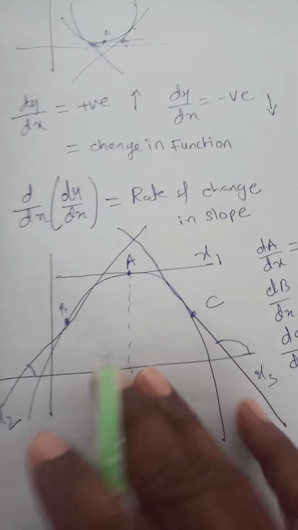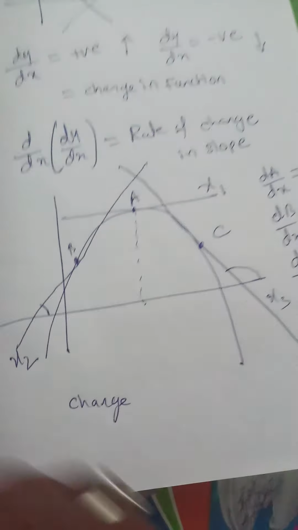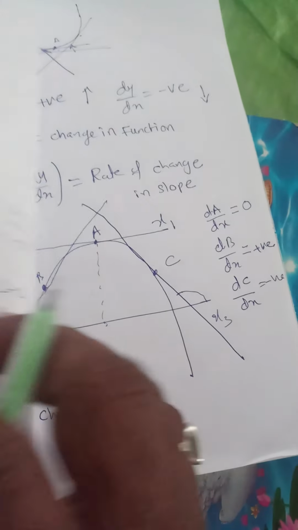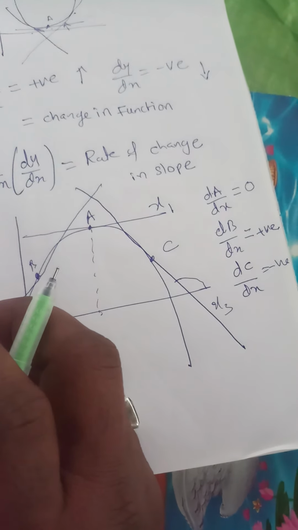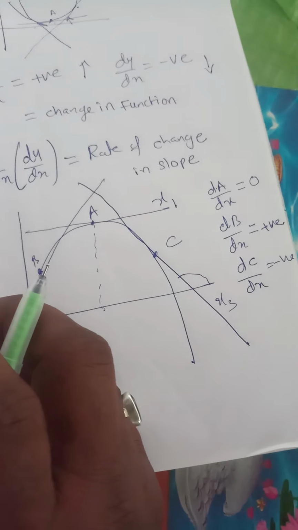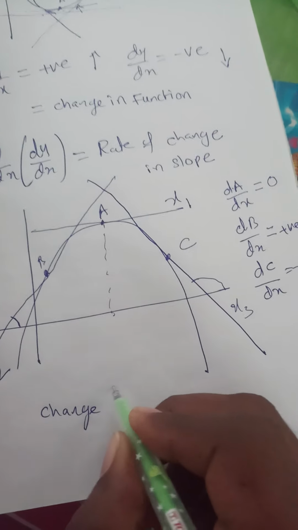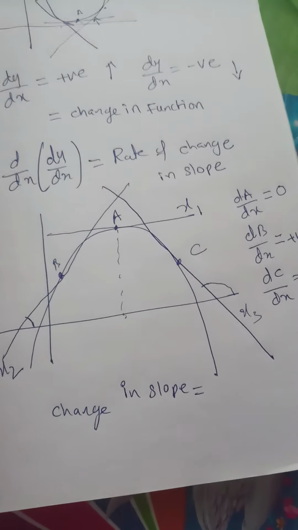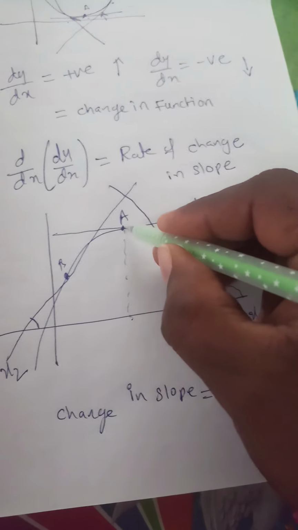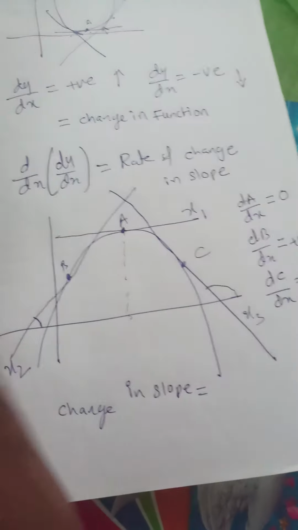So what is the change in slope? Change in slope is a measure of change from right to left.